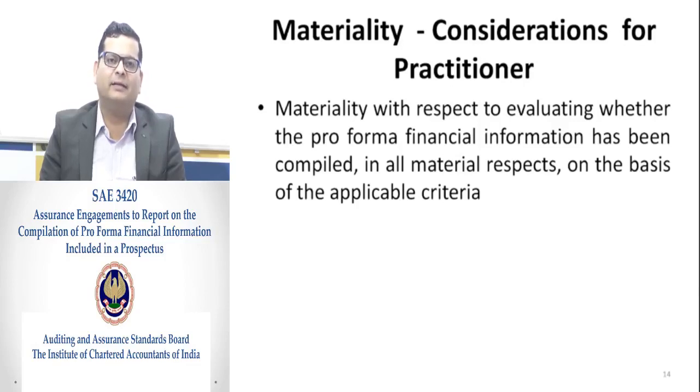Entity A plans to prepare its pro forma financial statements excluding segment 5 for the period 18-19. In that case, when we are required to report on that pro forma set of financial statements, it will be appropriate to consider the financial information after excluding segment 5 for the purpose of determination of materiality.